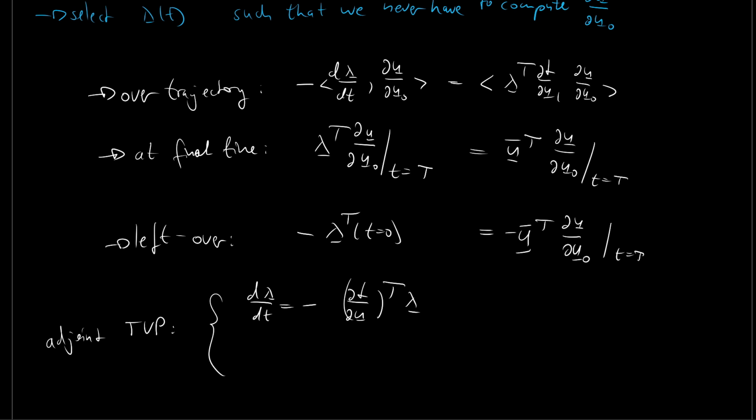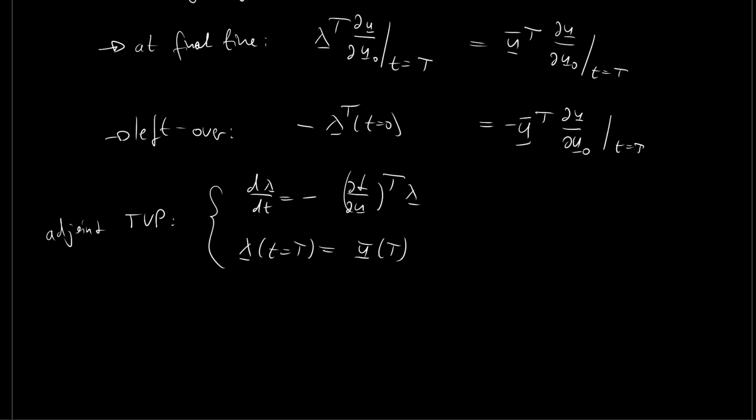At the terminal condition, we will again get cotangent contribution from the original primal's output. So we will have lambda at t equals capital T, essentially u bar evaluated at capital T, which we are provided with. This is again a terminal value problem, giving us a lambda trajectory.